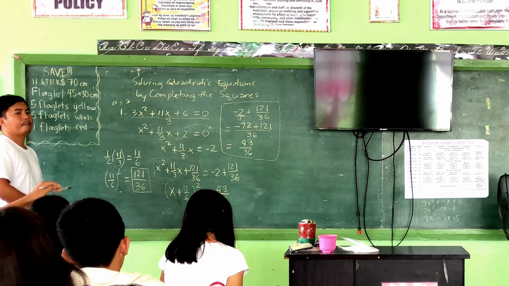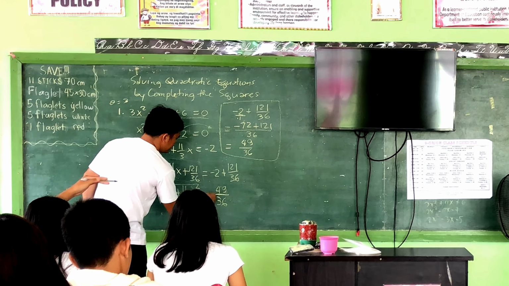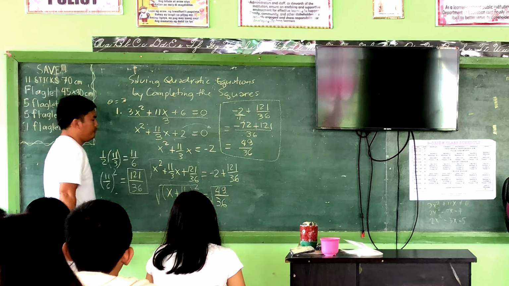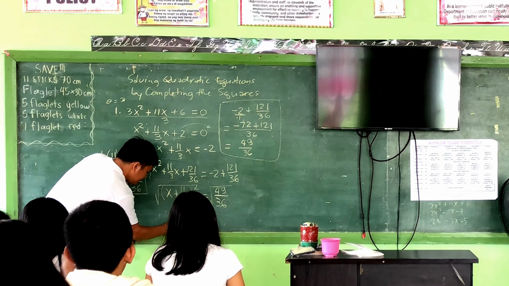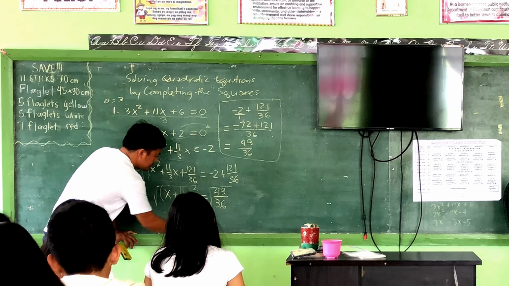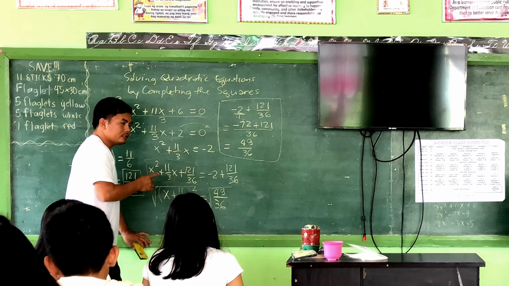Extract the square roots. What is the square root of the quantity x plus 11 over 6 squared? x plus 11 over 6 equals plus or minus the square root of 49 over 36, which is 7 over 6.